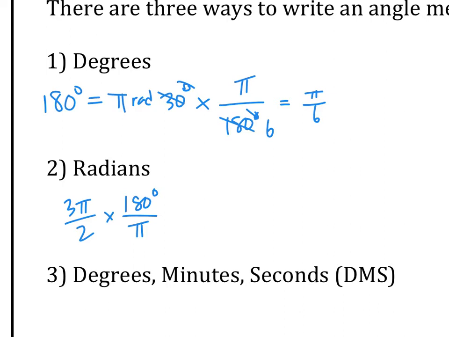So this is how I remember all my conversion factors. You need to be able to cancel out, so they have to be diagonal from each other. So then this cancels, and then 2 and 180 cancels, so that's 90. And then 90 times 3 is 270, so that's 270 degrees. Are you guys good? Easy?